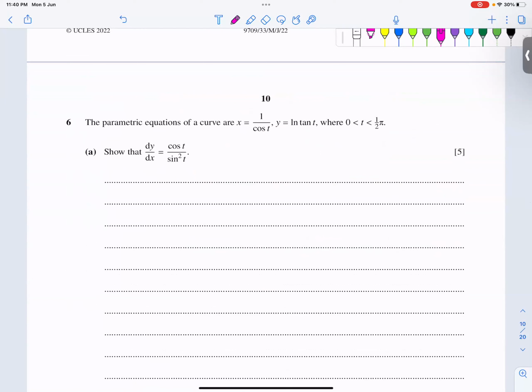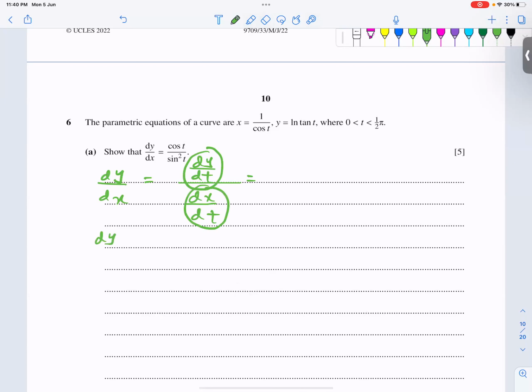From the parametric curve, when you need to find the derivative, we can write dy by dx as the derivative of y with respect to t, t is actually the parameter involved, and the denominator will be dx over dt. Now I need to find dy over dt and dx over dt.